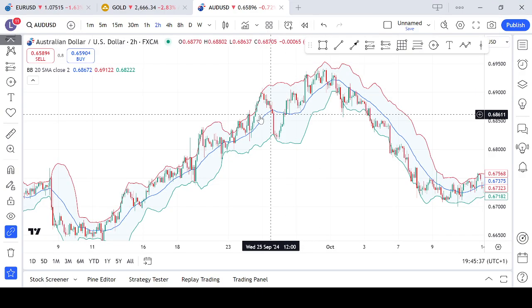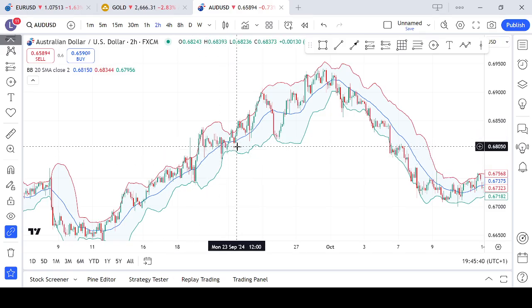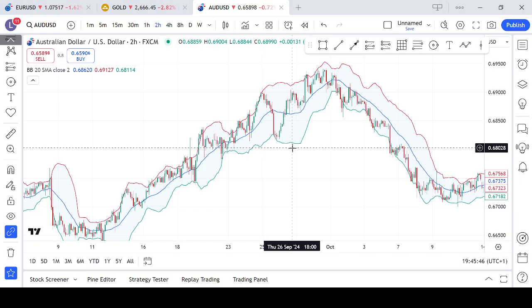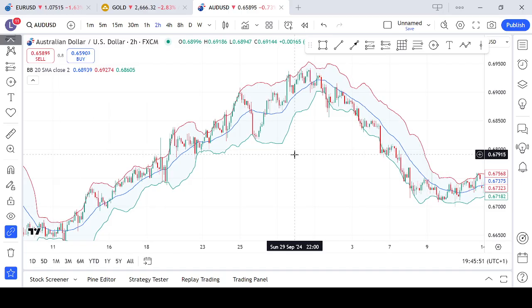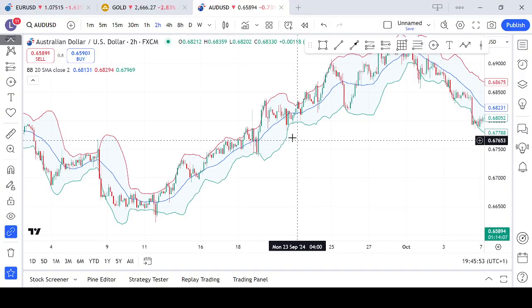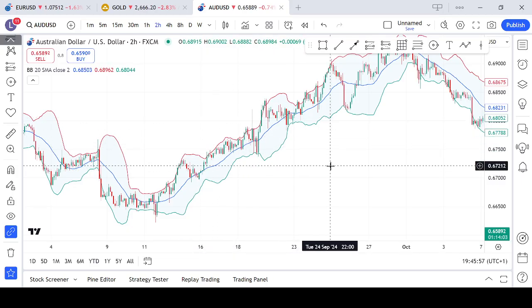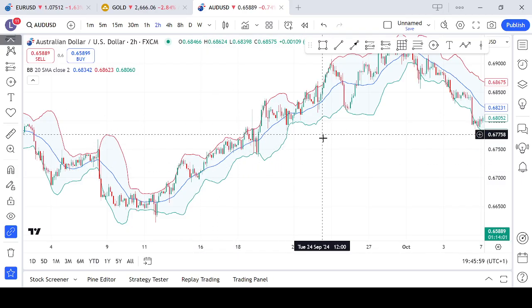You can see this blue line is that simple moving average, and it consists of the upper and lower bands. These are two standard deviations away from the middle band. So the Bollinger Band consists of a middle line, which is a 20-period simple moving average, and the upper and lower bands.